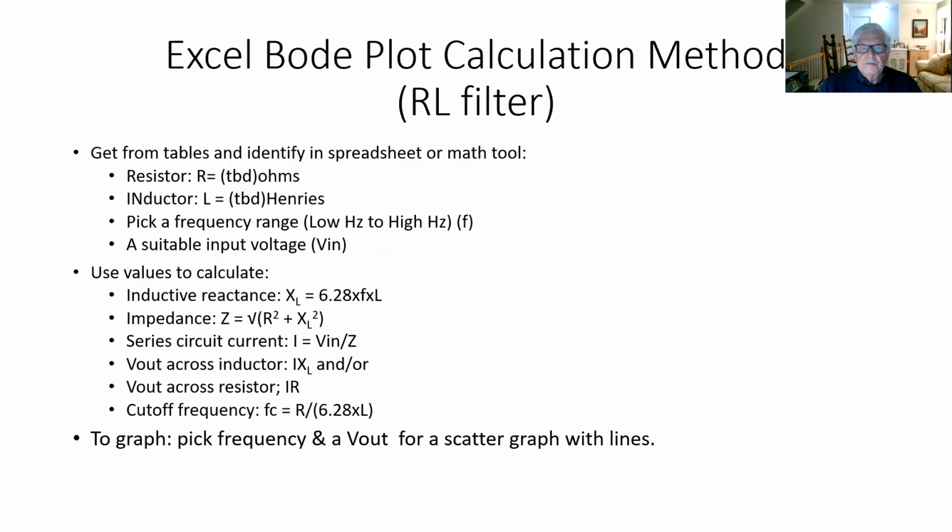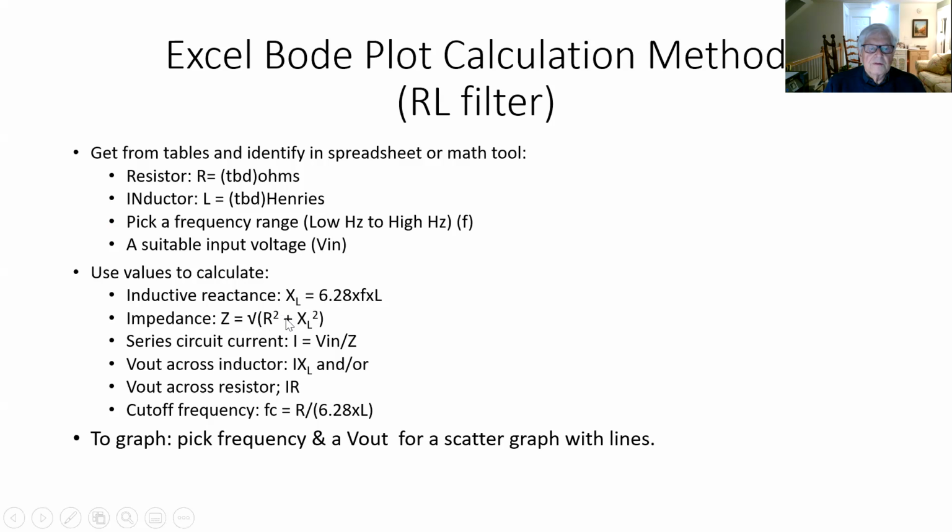finally, we're going to look at the RL filter. So this, again, is the same type of circuit, only instead of a capacitor, we're going to use an inductor. And so we're going to have a resistance in ohms and an inductor in henries. We're still going to use the 100 to 10,000 hertz frequency range. We'll use the same type of voltage input, but now our XL is directly proportional to the frequency times the inductance.